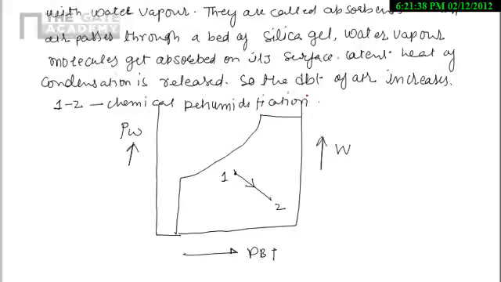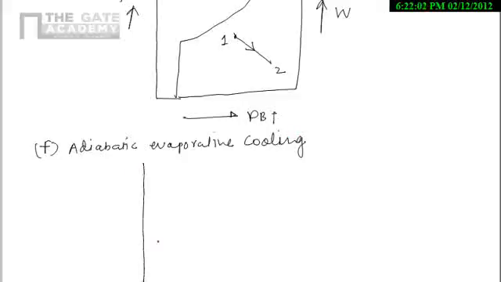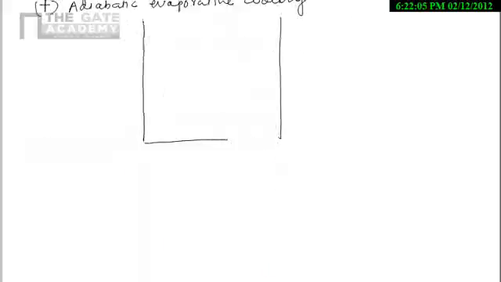So now let's take another process, that is adiabatic evaporative cooling. For adiabatic evaporative cooling, I am just drawing the process on the psychrometric chart first. So this one is the psychrometric chart.